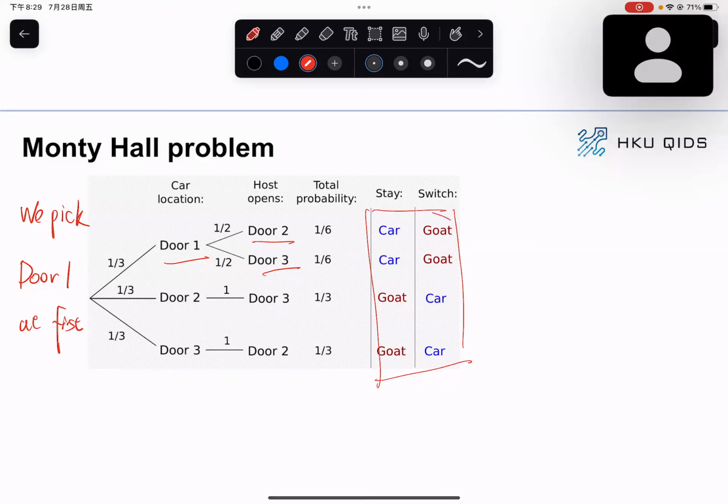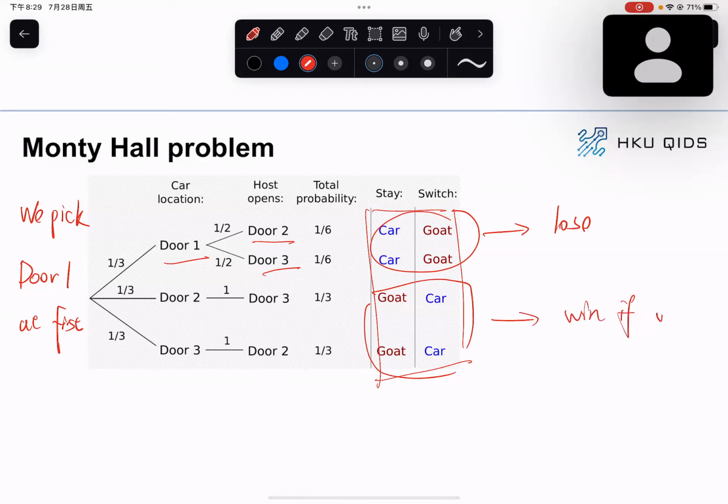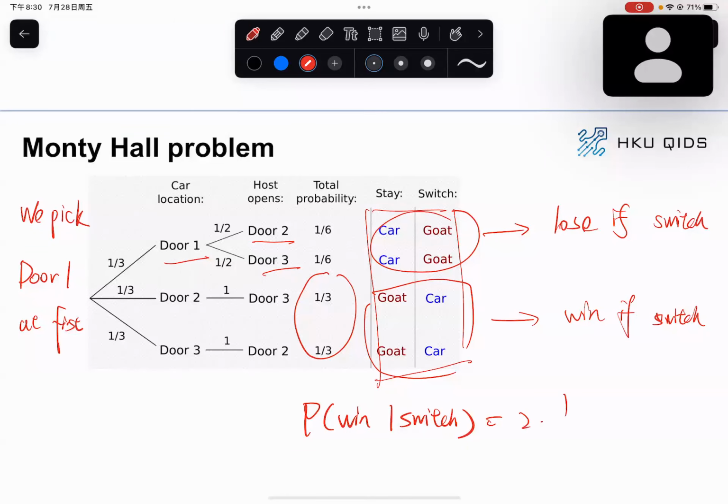So this is where we lose, and this is where we win if we switch, and lose if we stay. You can see that if we switch, the probability of winning is 2 multiplied by 1/3, which is 2/3, which is larger than our original probability of winning, which is 1/3.